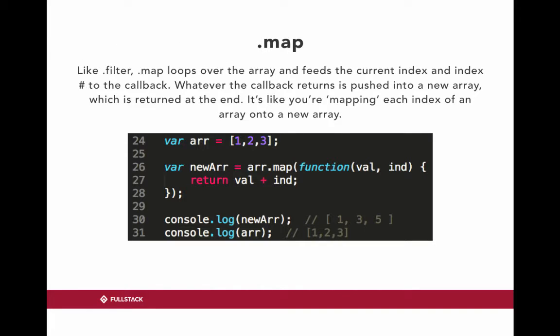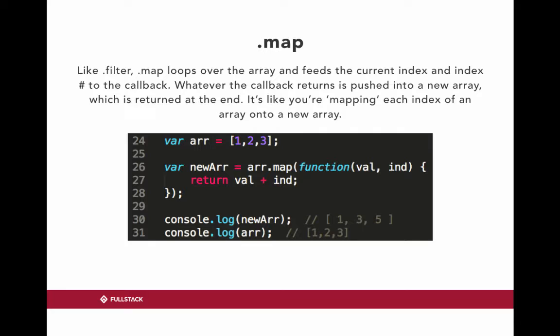Okay, let's talk about another one, .map. And you'll see that there's definitely themes that are the same for each of these methods. So, like .filter, .map loops over the array that you call it on. It expects one callback, so all in here is just one function, one callback, and again, it feeds it the current value and the current index.